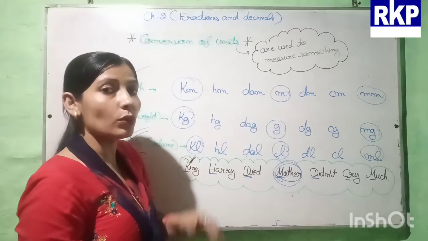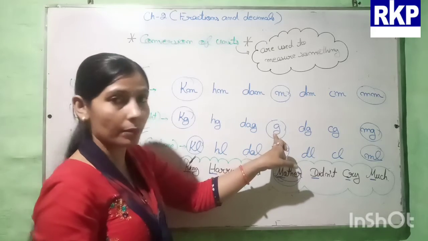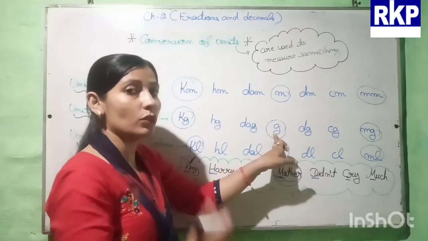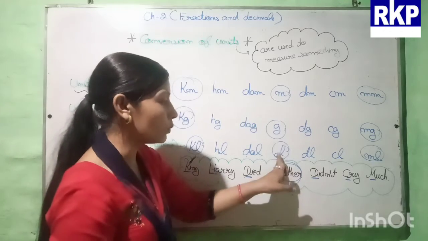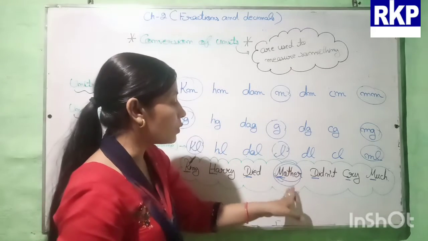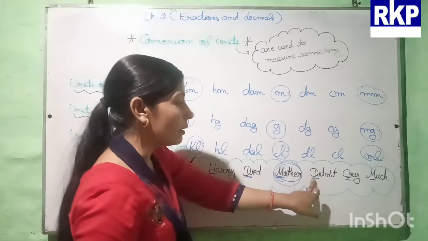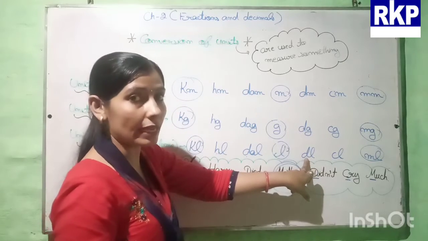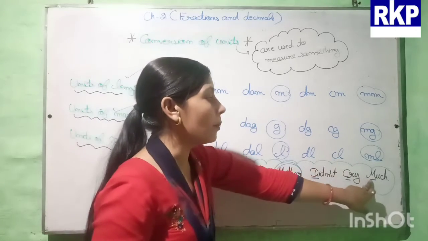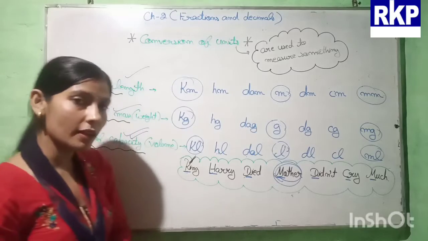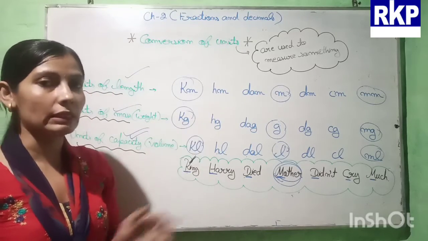If we want to write the units of mass, we will use gram. And if we want to write the units of capacity, we will use liter. So here we will use the basic unit. Here D for deci, C for centi, and M for milli, okay? So you can learn this statement to remember these.